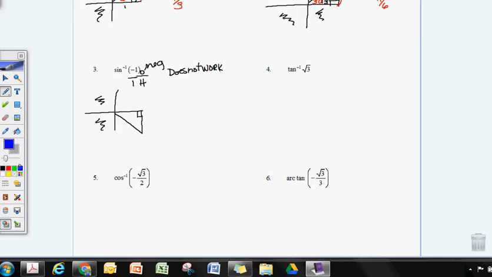So I'm going to switch colors. So think quadrantals. If I'm thinking about the quadrantal angles, where is sine -1? Sine would be 1, -1, 0, 0. Remember, it doesn't work here, doesn't work here. This is the edge. So where does that happen?